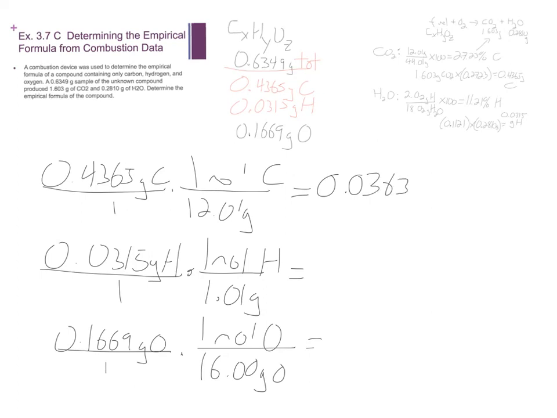The hydrogen is 0.03119. And the oxygen is 0.0104. Oxygen is the smallest value there, so we're going to divide by the smallest one to get all of our mole ratios to be whole numbers.